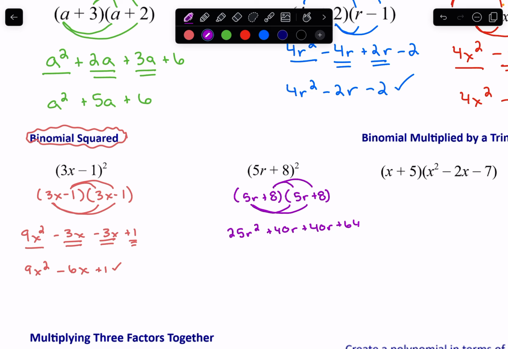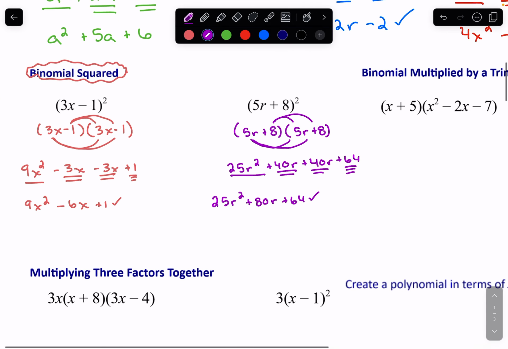So when I combine like terms and simplify, the r squareds are the only one. The r's add together to become 80r, and the 64 is left at the end by itself.